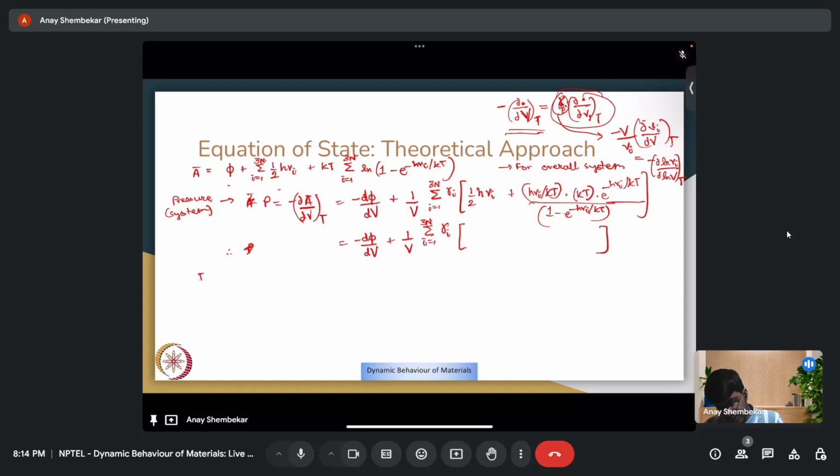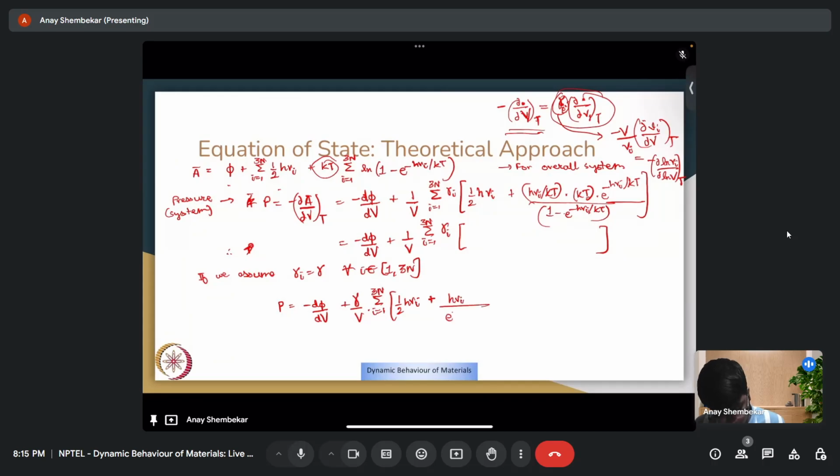Right. If we assume gamma i is equal to gamma for all i equal to 1 to 3n, so we assume this gamma constant to be the same throughout all 3n oscillators, this gamma term can come out and you end up with P is equal to minus d phi by dV plus 1 by V into gamma summation i equal to 1 to 3n of half h nu i plus, this kT went inside here, h nu i upon e raised to h nu i by kT minus 1.